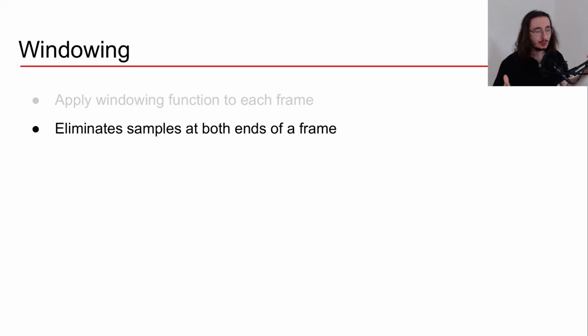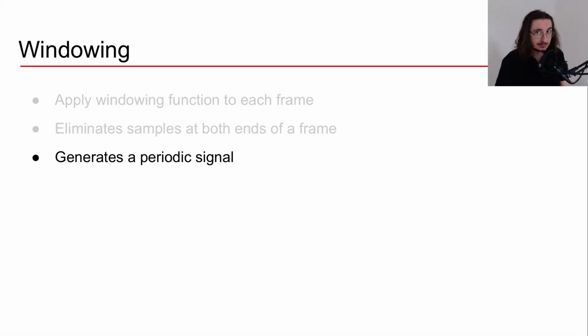And by doing so, we basically eliminate the samples which are at the endpoints of a frame. In other words, we completely remove the information from the endpoints. And what that does is it generates a periodic signal which minimizes spectral leakage, and we're happy for that.